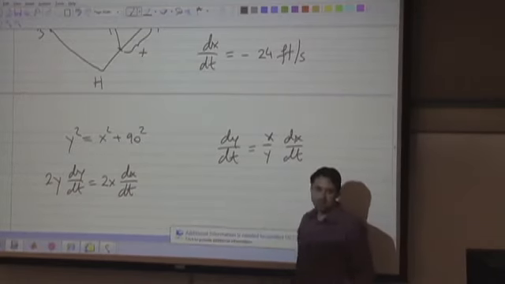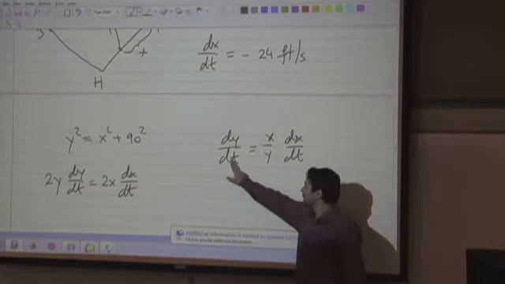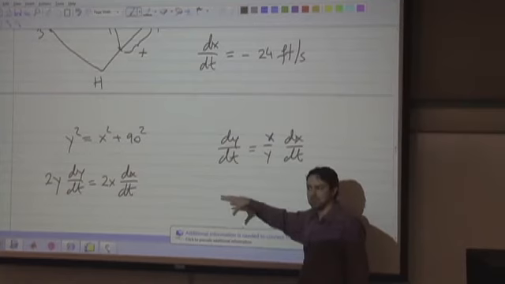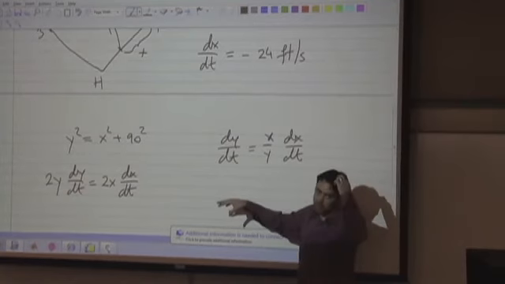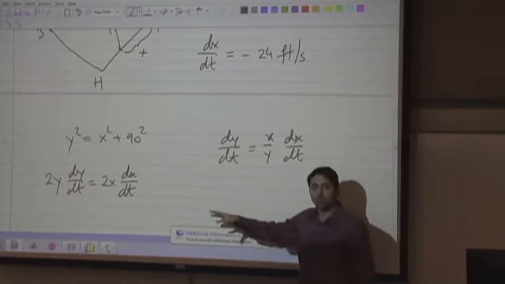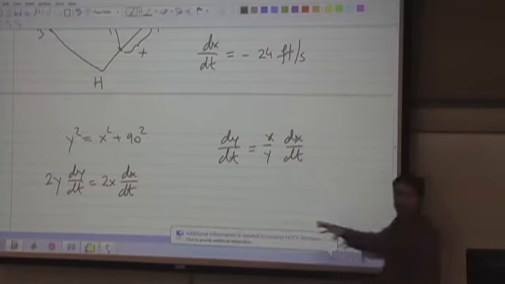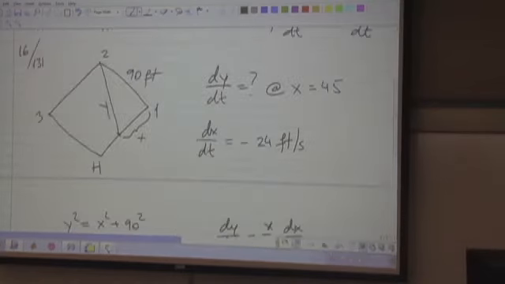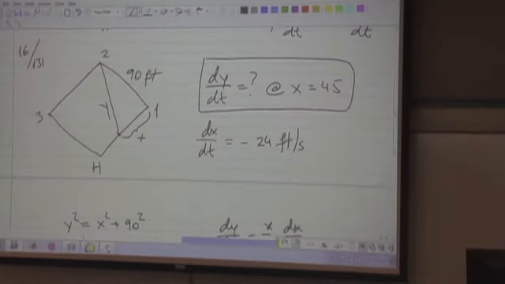So the problem asks, what is the rate at a particular time, a particular location in time, which means that's when you actually put in 45 for x. That's why I write it this way: what is dy over dt when x is equal to 45? As a general rule, you assume that x is just a variable. Only at the end of the problem do you put in 45.